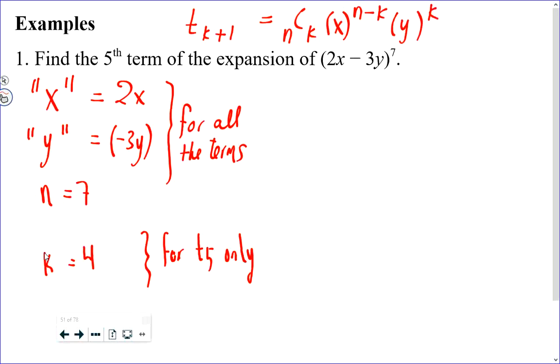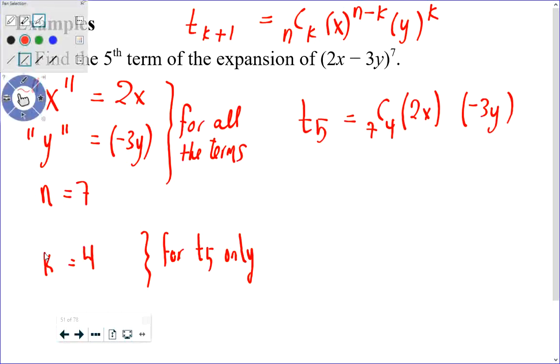Well, we're going to use that to find the 5th term. I'm not going to write k plus 1. I'm just going to write t sub 5. Well, it's n is 7, choose 4. Then I have to put x, and this is how I do it. I don't put the exponent on my x yet. I put the exponent on my y because I know that my key number in every term when I do this goes in these 2 places, always.